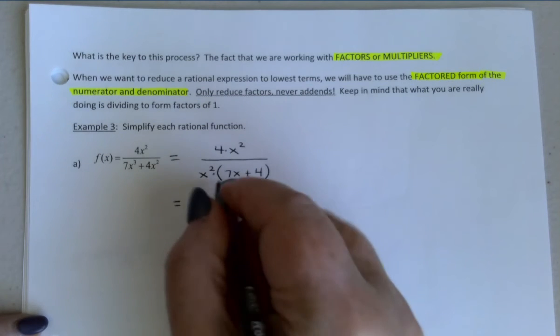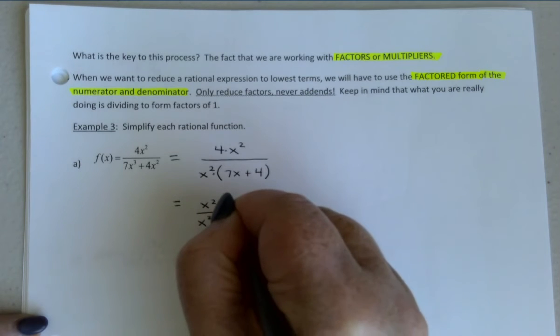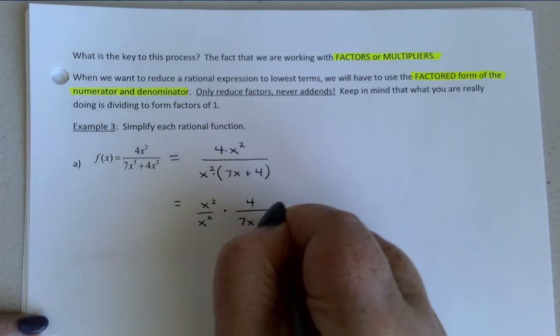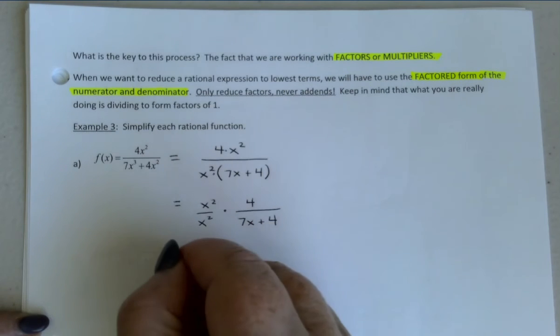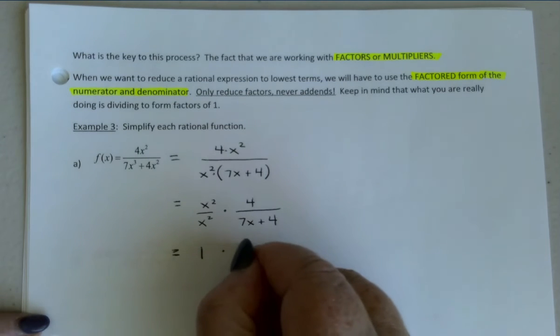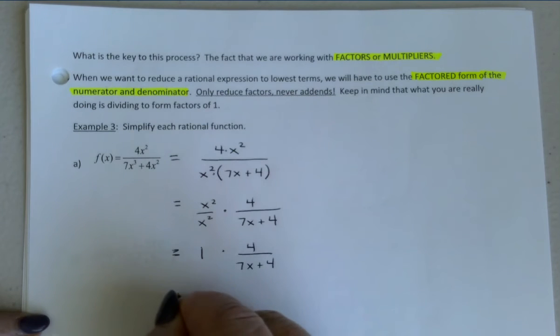If I wanted to, I could separate that out as x squared over x squared multiplied by 4 over 7x plus 4. X squared divided by x squared is 1. And 1 times anything is itself.